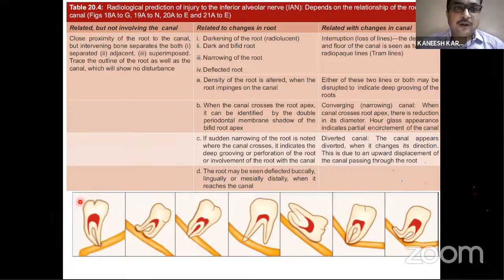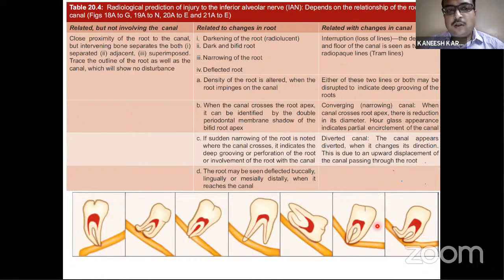It may be related but not involving the canal. If it is in close proximity, there are changes in the root, that is darkening of the root, dark and bifid root, narrowing of the root, or overlapping, if the canal is deviated or if the canal has an hourglass shape.